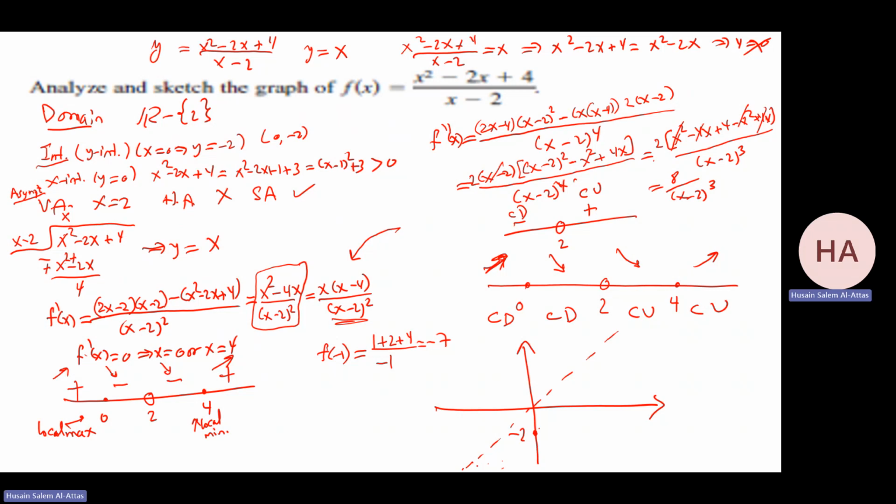Okay, so the function will do something like this. Increasing, but concave down until 0. Then it will be decreasing and concave down.